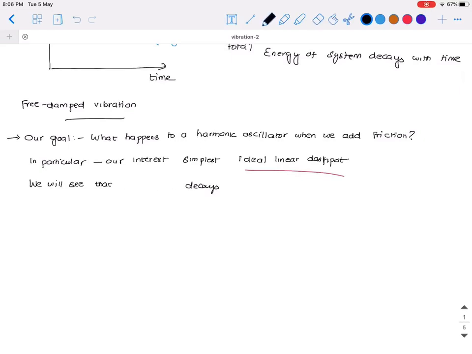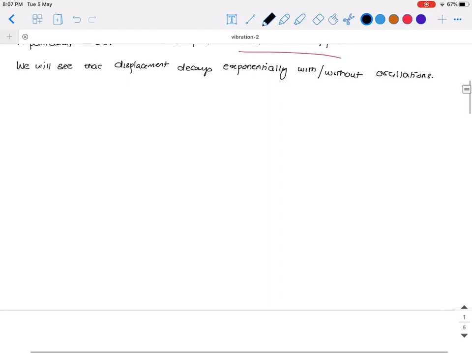Okay, the displacement of the spring decays exponentially with or without oscillations. That is what we are going to show by the end of this class.